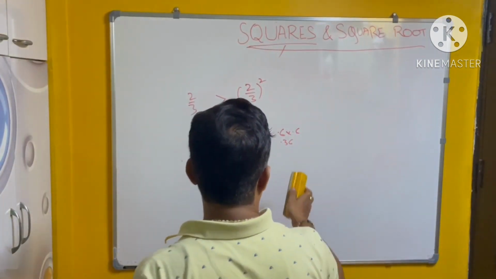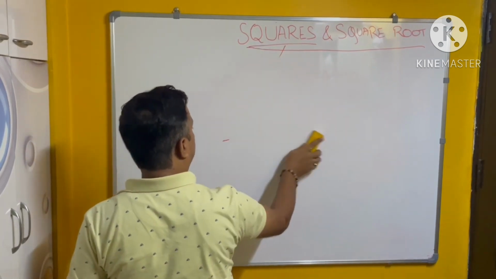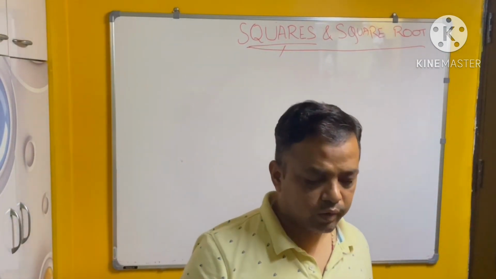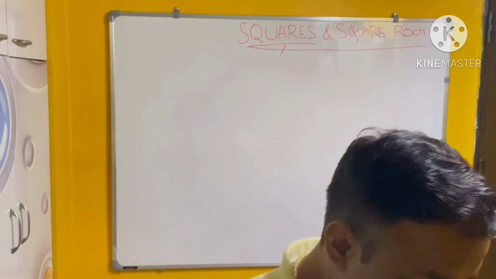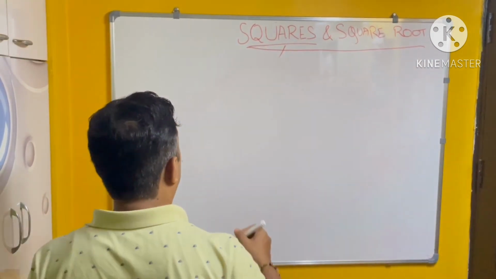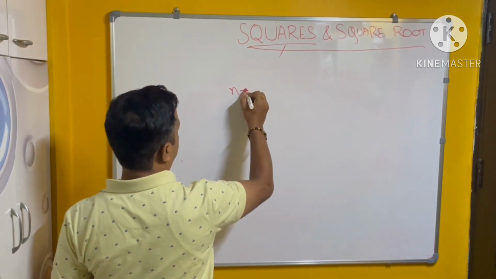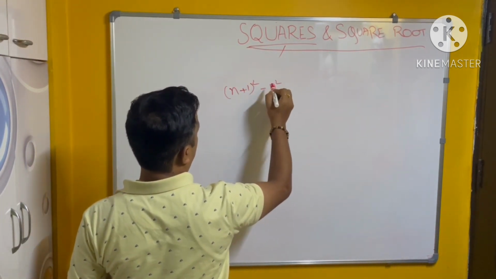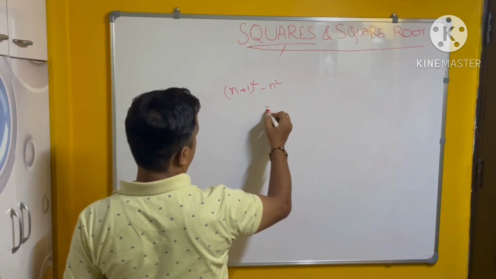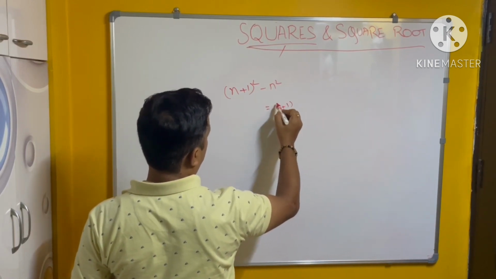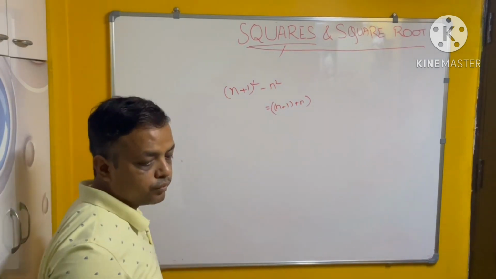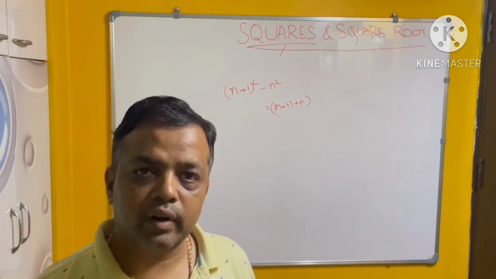So for every natural number n, if we talk about (n plus 1) whole square minus n square, it will be something like (n plus 1 plus n). How does it come?